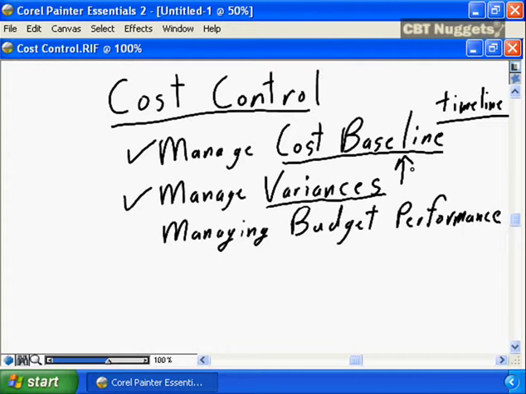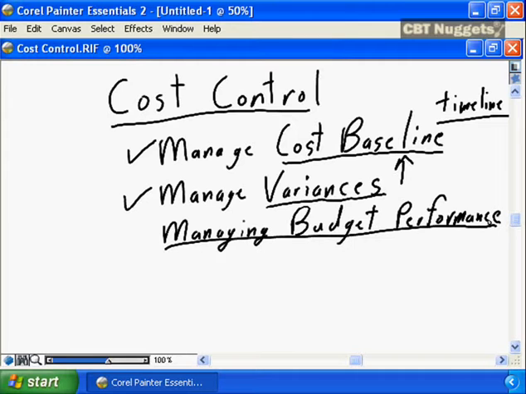There is a worldwide shortage for our product. It's critical for our project to complete. Do we either A, cancel the project because the costs have exceeded expectations, or do we approve the changes, realize that we need this material no matter what the cost, or at least at this level of cost, and adjust the cost baseline? It's all about managing your budget performance.